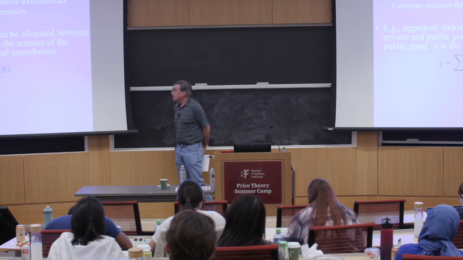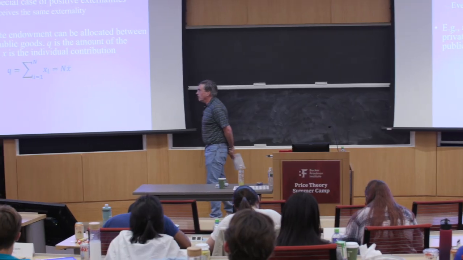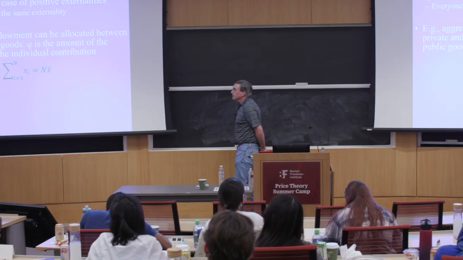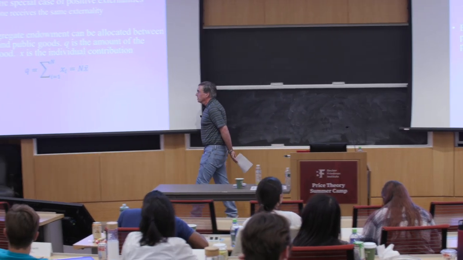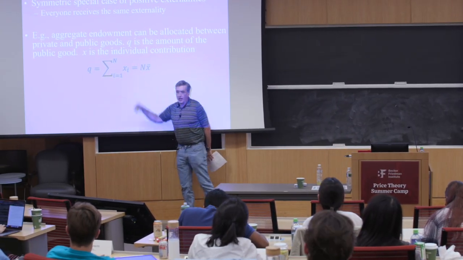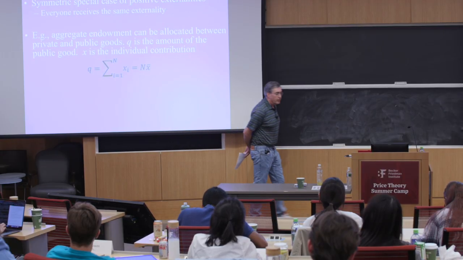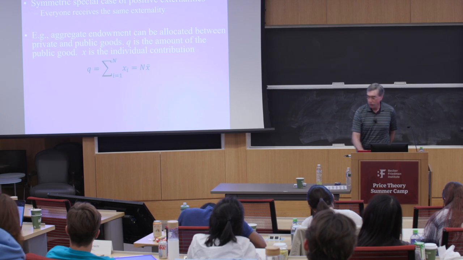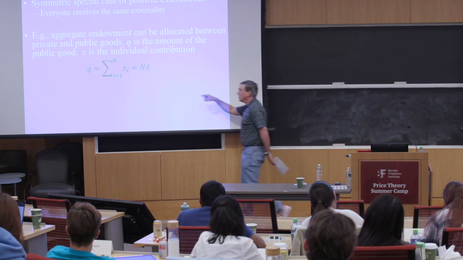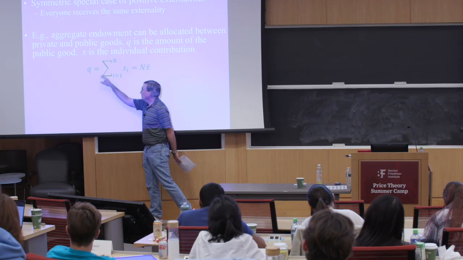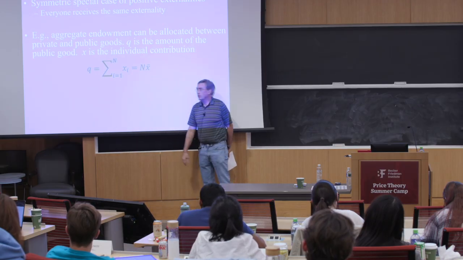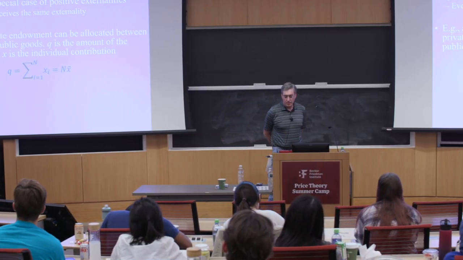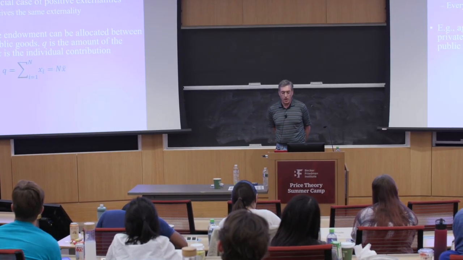One way to look at it analytically is there's a good. Everybody contributes, each individual contributes some amount X to the total good. And then each individual's utility depends on Q as before. So there's some U of Q. Each individual benefits from Q, but they contribute to the total. And here I'm going to take it symmetric. People contribute the same. It's N times the average contribution X bar.